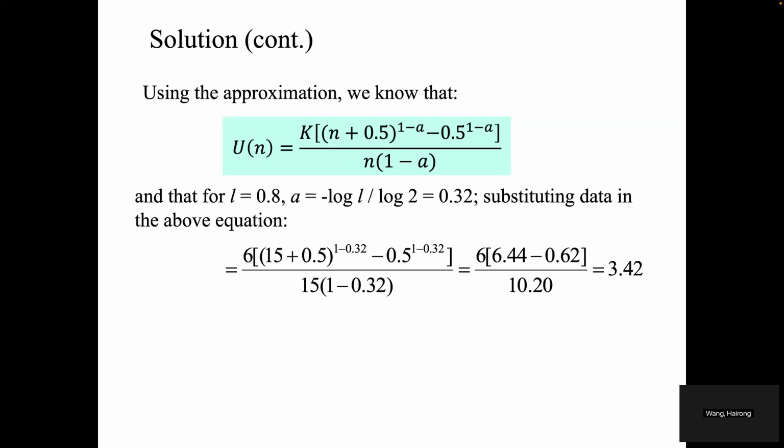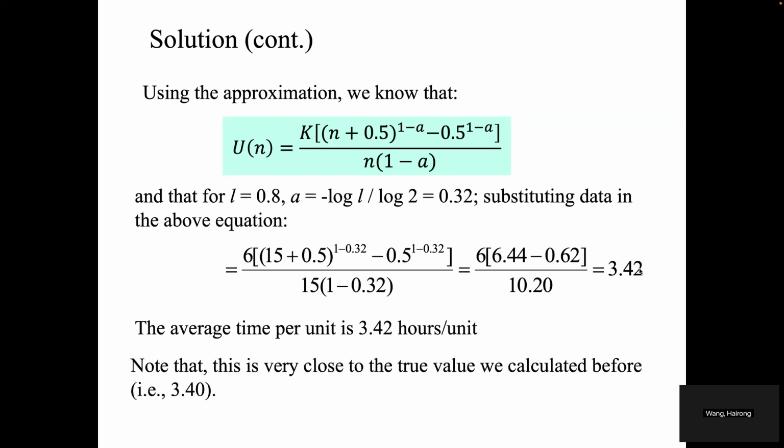Substituting data in the above equation, we can get the following solutions. Therefore, we can know that the average time per unit is 3.42 hours per unit. And I also want to mention that it is very close to the true value we calculated before.